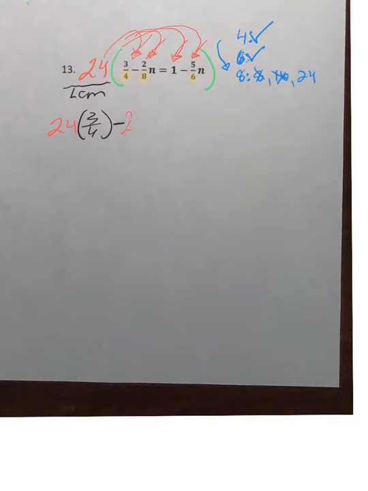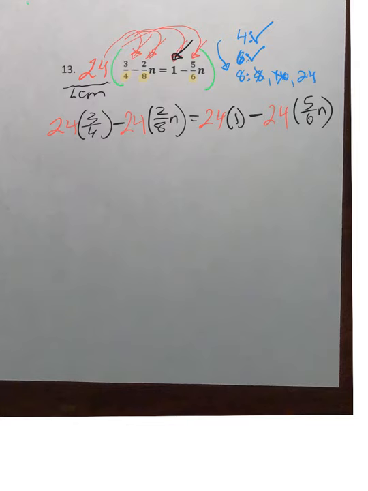And then 24 has to be multiplied times 2 over 8n, and then there's an equals. And then 24 has to be multiplied by 1, and then there's a minus sign, and then 24 has to be multiplied to the last term, which is 5/6n.